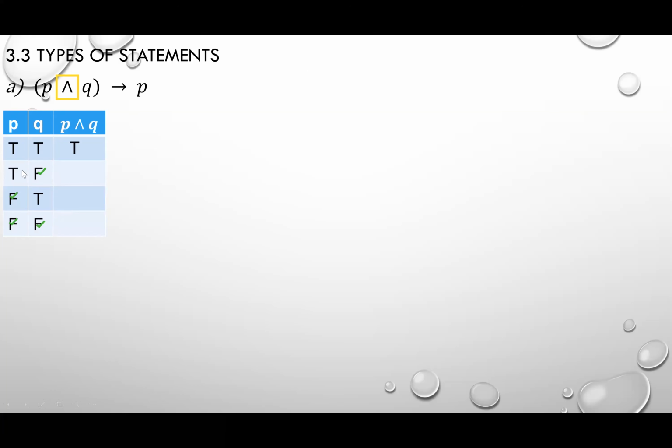That is how I remember my AND statement, my conjunction criteria. As long as one of them is false, or both of them are false, the AND statement will be false. Okay, so I don't see a false here, so that's true. Everywhere else is false. And so I'm done with the parenthesis.